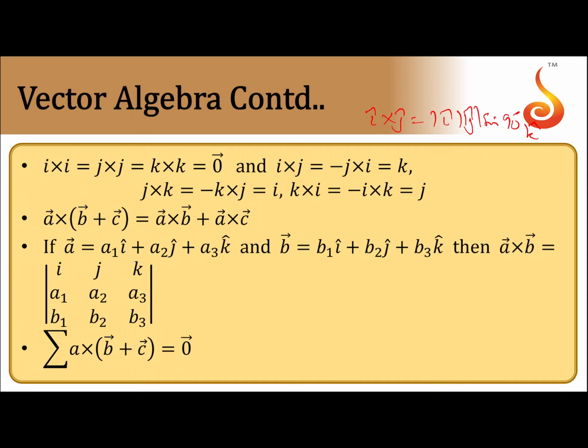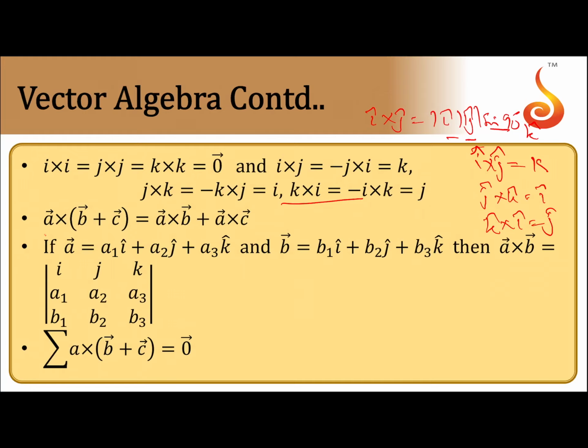So sine 90 is 1, and i cross j is equal to k. And of course, if you reverse the product, you will get a minus sign. In the same lines, you can also prove that j cross k is equal to i and k cross i is equal to j, and the sign changes if you reverse the product.